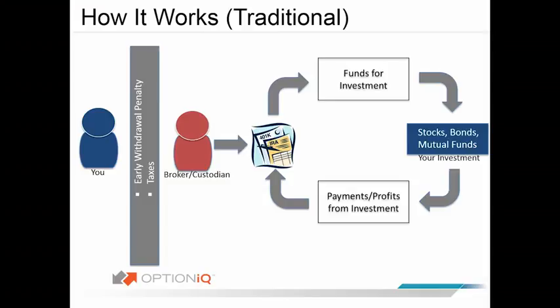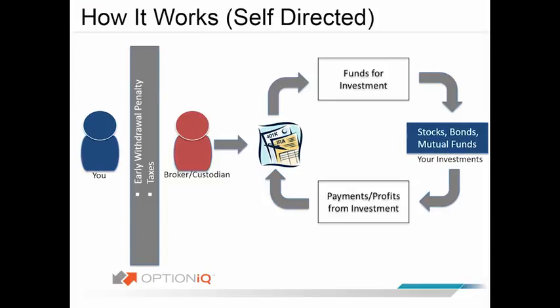But with a self-directed account, we actually change things just a little bit. Again, it's very similar to a traditional sense, but with a self-directed approach, the first step is we don't have to use the current broker we're using today, and we most likely won't use the current broker we're using today because they will not allow us to self-direct our funds.